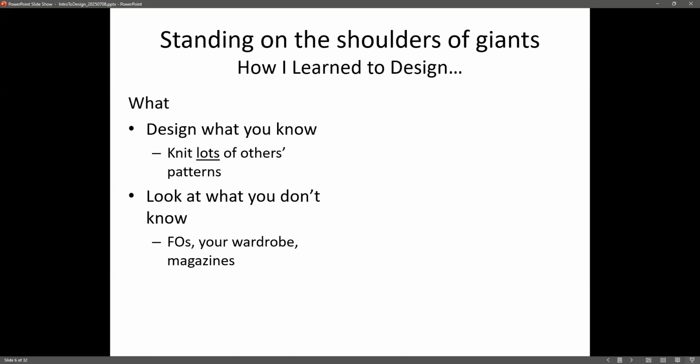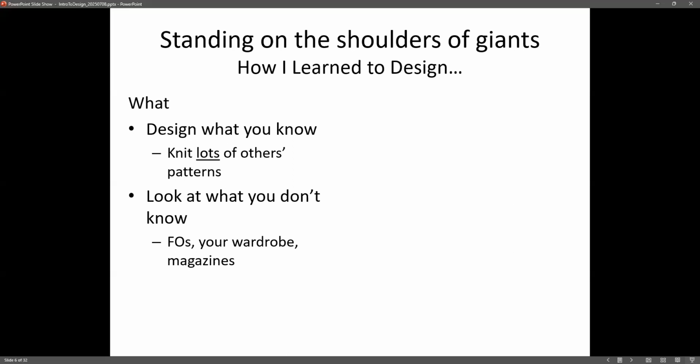Particularly if your objective is not about publishing, where we're not so focused on uniqueness, then there are resources we can use. But in terms of how I learned to design, how this began for me was that I started by designing socks and only socks. For years, all I did was design socks because that was what I knew.